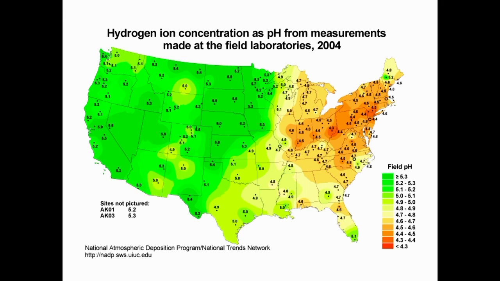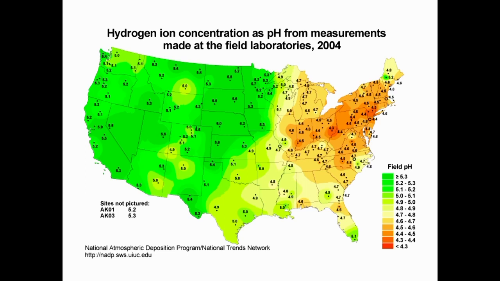Hydrogen ion concentration has units of moles per litre. That's water. If you have more water, then the hydrogen ion concentration decreases. So your pH will go up if you have a more dilute solution.